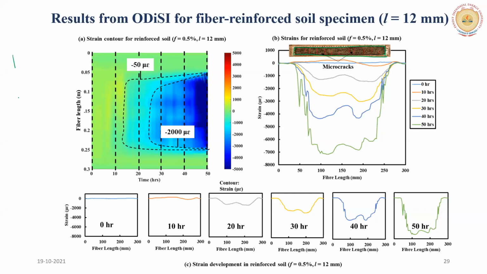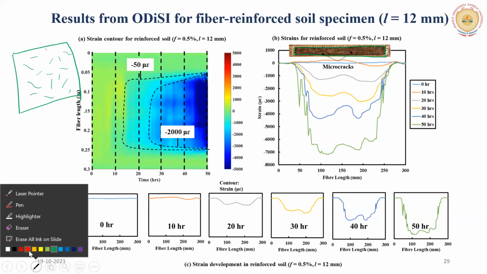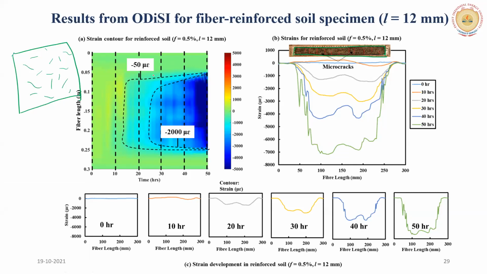If you want to look at this in micro, if I magnify, these are small reinforcing fibers sitting in the soil matrix. I'm expecting a crack propagating in this direction.